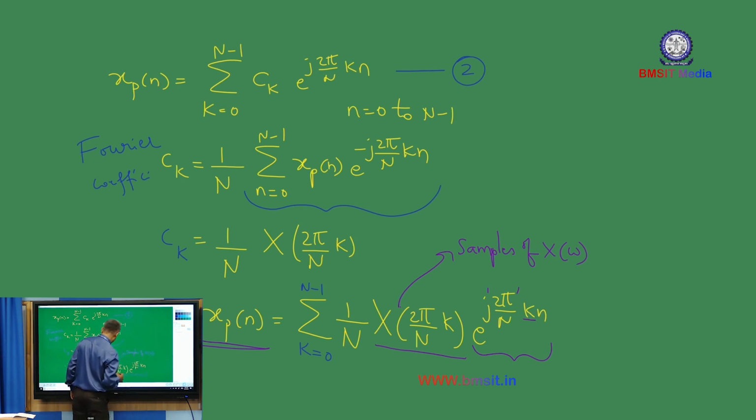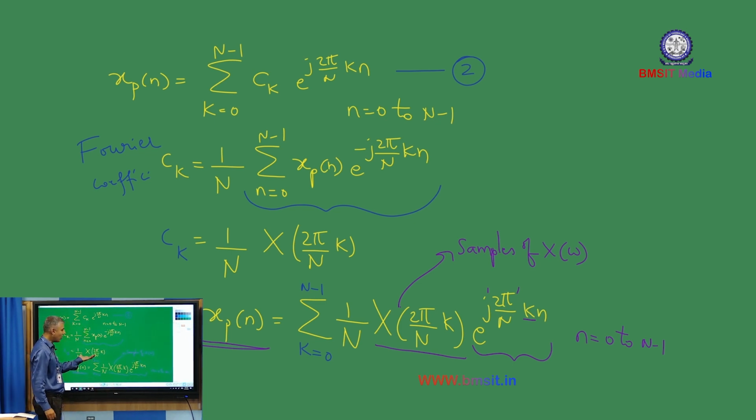Then k is ranging from 0 to N minus 1, and it is having integer values. So k equal to 0, k equal to 1, 2, 3, 4 and so on. So that is an integer value. Again, n is also ranging from 0 to N minus 1. So this value is also known to us, and this whole thing is being divided by this N. So this is 1 by N, right?